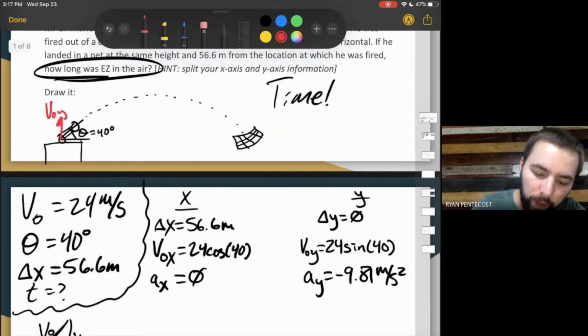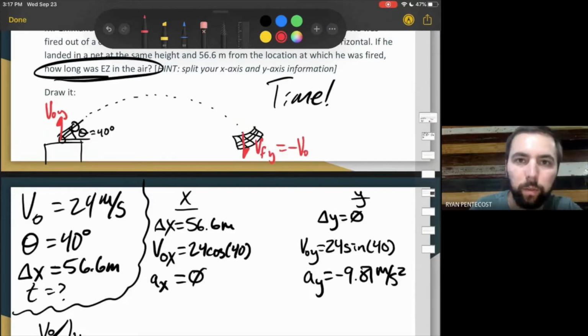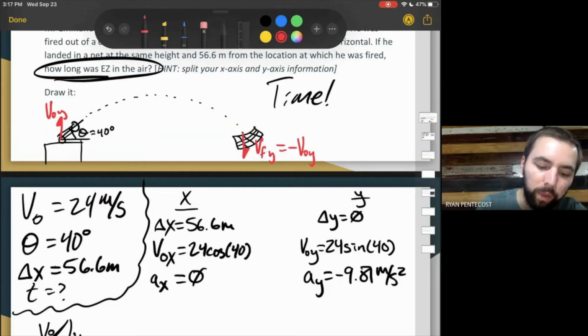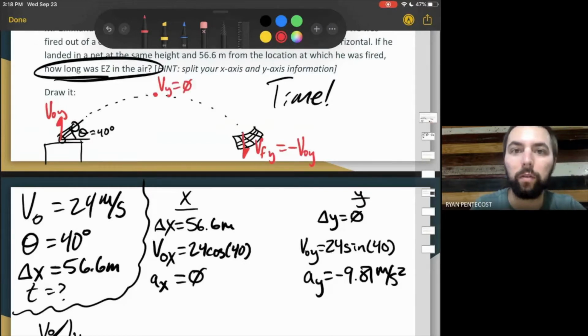Now, when he lands, his V final in the Y should be just the negative of that Y component, right? Because he will start up with a positive velocity. Up here, Vy will equal 0, right? Because he starts with a high Y component of the velocity that is going to reach 0 once he peaks, and then it's going to accelerate back down.